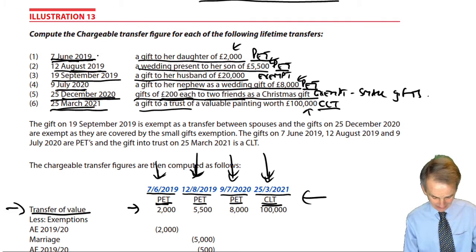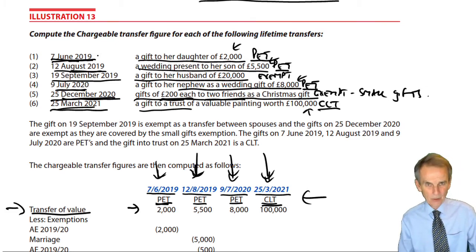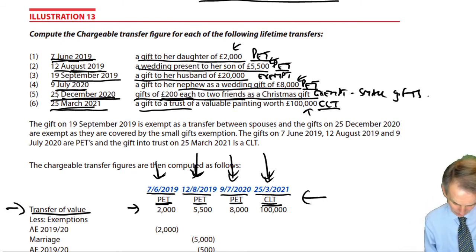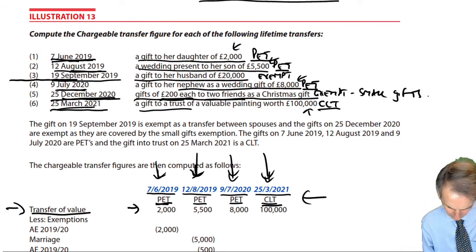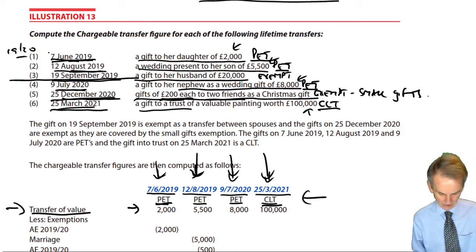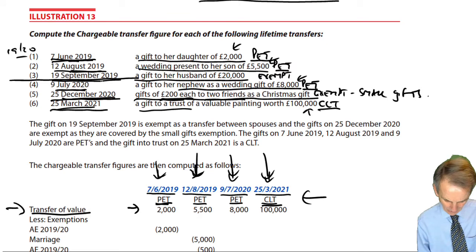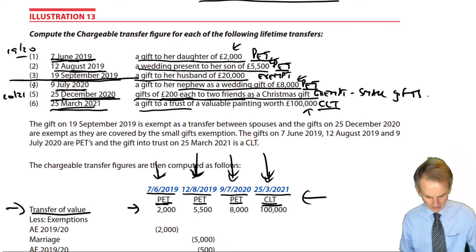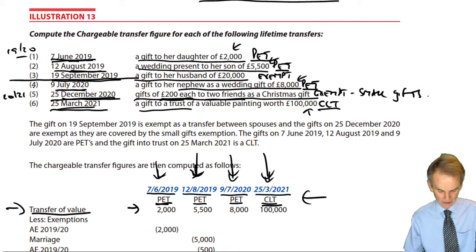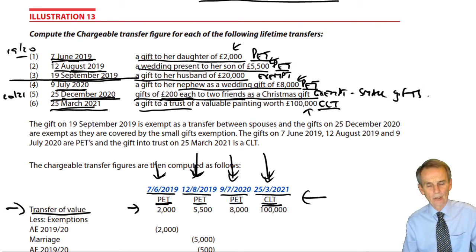So if you've got a list like this, it would be useful to break that up into tax years. So they're the first 3. They're dated June 19, August 19, September 19. So all of those are in the 1920 tax year. We've then got July 20, December 20, March 21. All of those are in the 2021 tax year. So it would now be a question of seeking to apply the relevant exemptions.